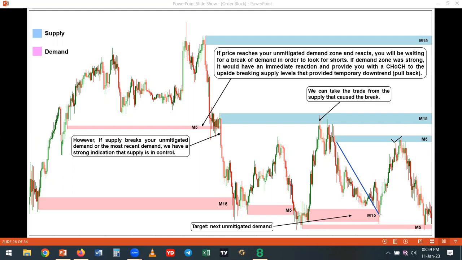There is no entry here. Then when price went back up here, see the change of character here. Price went up to this other block. Remember, coming from here again, there's a change of character here where the structure was broken.